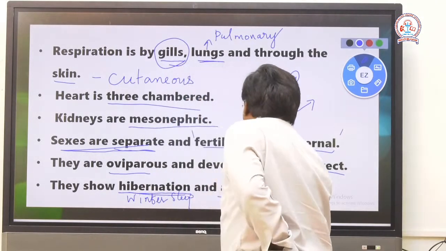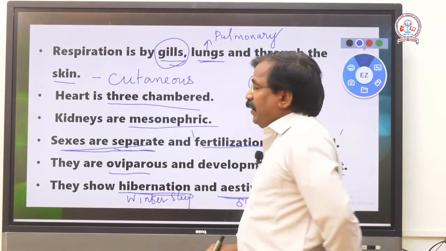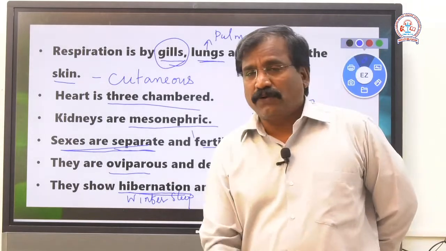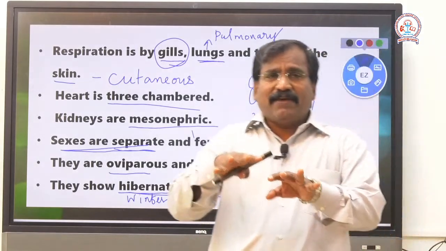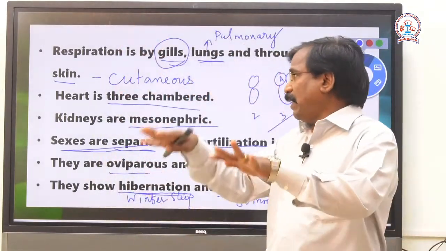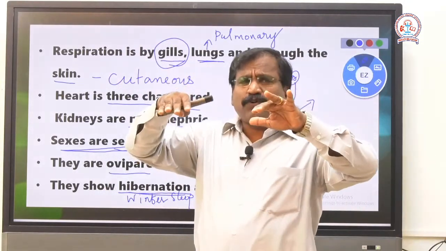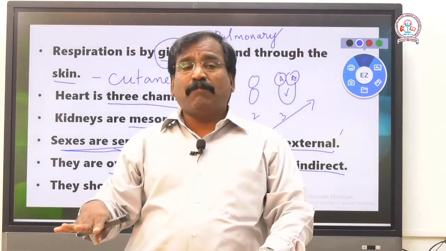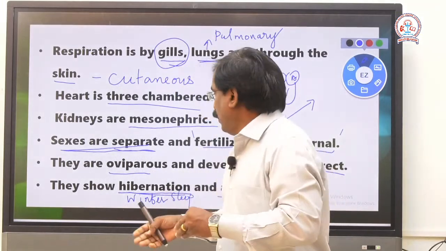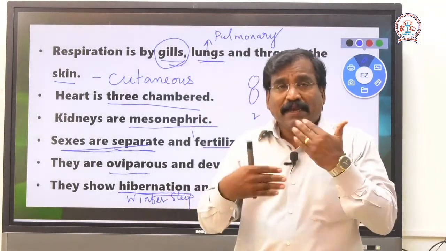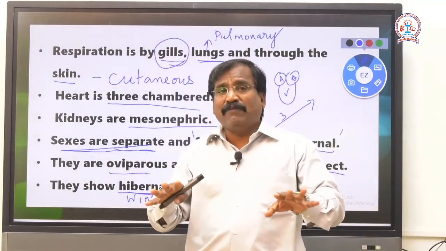Hibernation, estivation, summer sleep. Already you know amphibians or poikilotherms are cold-blooded animals; the body temperature fluctuates, changing according to the surroundings. Suppose the surrounding temperature is so low, sub-zero. Then even blood can start clotting, and if the blood clots that animal will die.